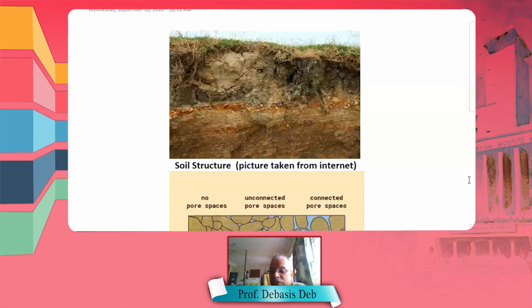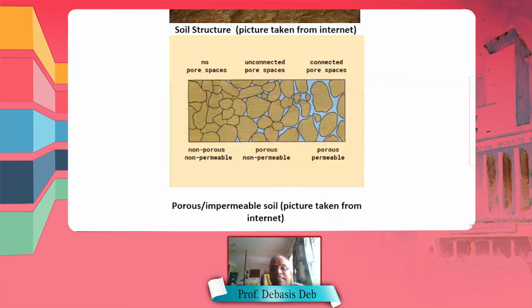Now if I come down, these are all taken from the internet, so you can find them there. See, that is why I want you to see the soil. This is a schematic diagram though, but you'll see there is some non-porous part. That means you'll not see any pore spaces here. Okay, I got it.